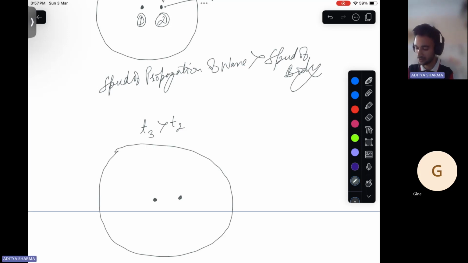There will also be a circle for the second body.